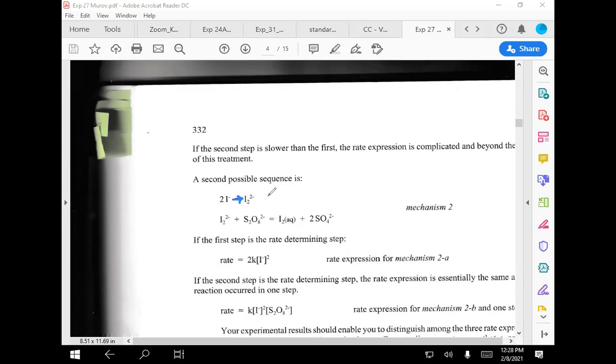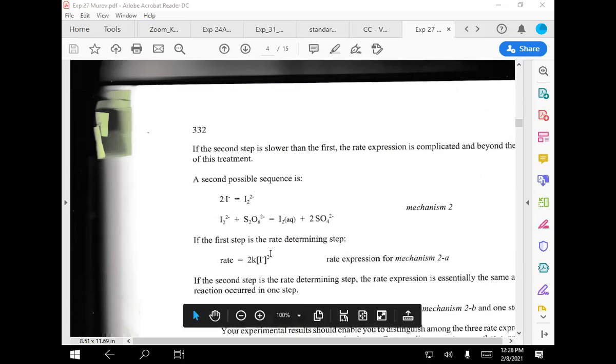If this was the slow step in this possible second mechanism that you've been given, we know the slow step is how we determine the rate law. So this is a possibility. So if the rate only depends on the iodide, and that's all, this is a possible rate law.